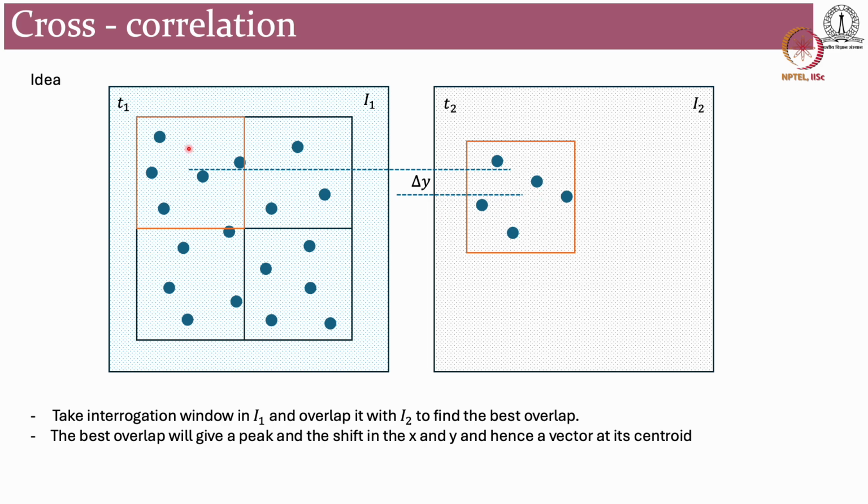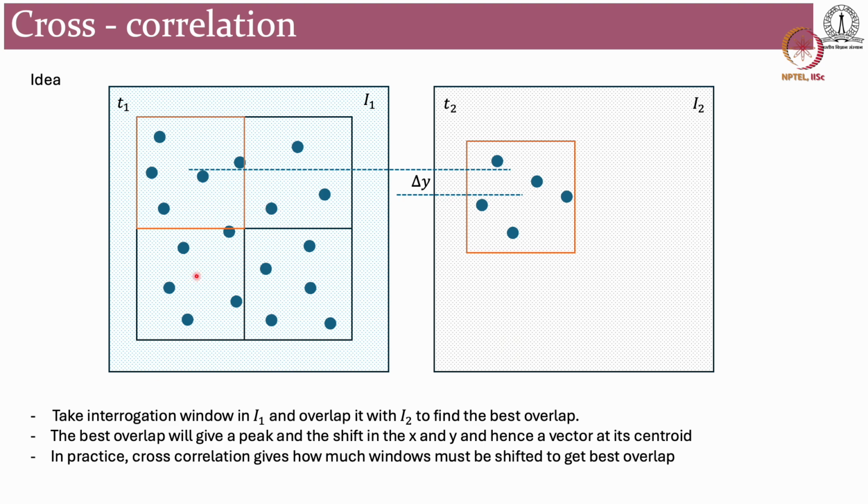So if you are dividing this into 4 parts, then you will get 4 vectors, one at the centroid of each of the interrogation windows. In practice, cross correlation gives how much the windows must be shifted in delta t time to get the best overlap. So what we want to find is the best overlap, and if you get the best overlap, you get a very significant peak, and that gives us the displacement of the windows.